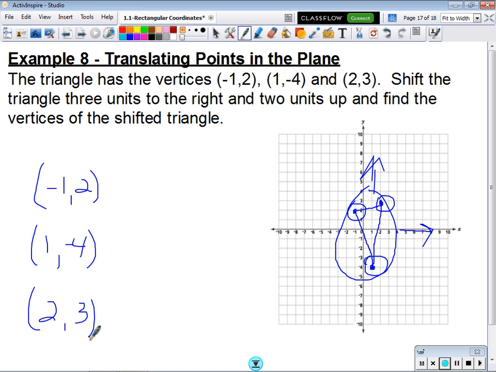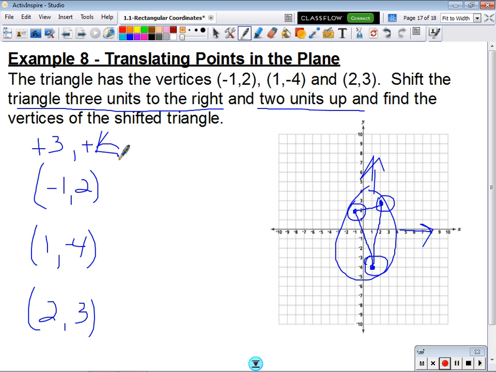So if I were to take each of these points and shift them 3 units to the right, what I would be doing mathematically here is I would be taking each of the x coordinates and adding 3 to them. And if I were to shift each of the points 2 units up, I would basically be taking all the y coordinates and I would be adding 2 to them.